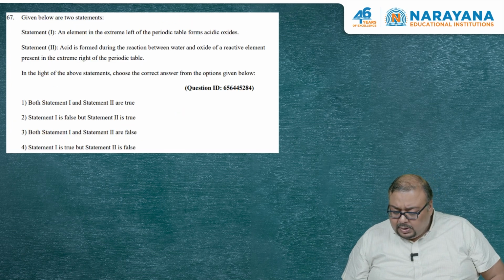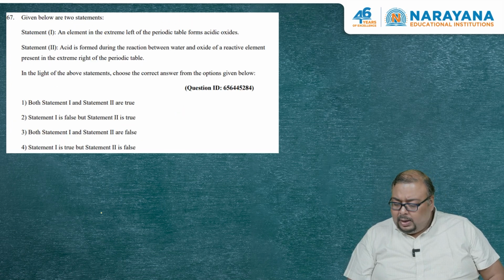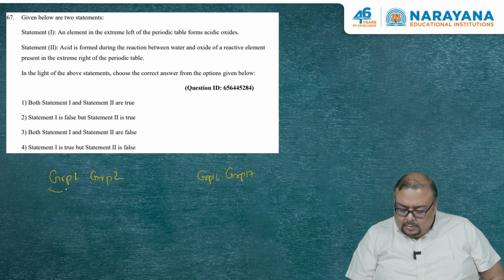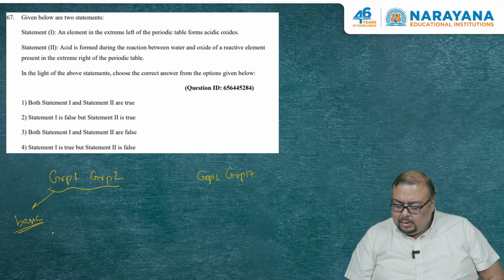Next is question number 67. In statement 1, an element in the extreme left of the periodic table forms acidic oxide. Now this statement is an incorrect statement. Why? You see, if I have group 1, group 2, and on the right side I have got group 17, group 16, then these will form basic oxides, which are on the left side of the periodic table, and these will form acidic oxides.